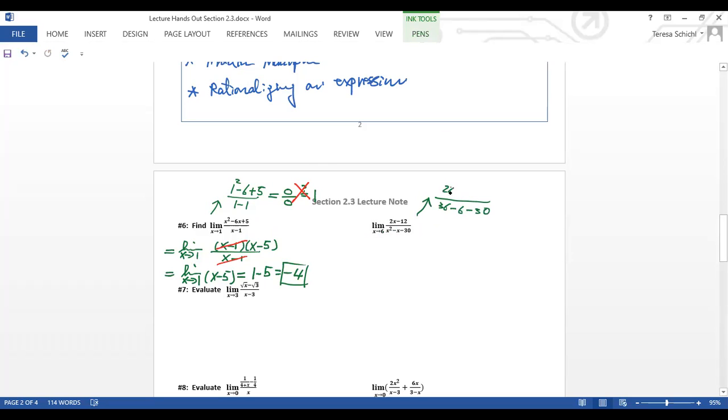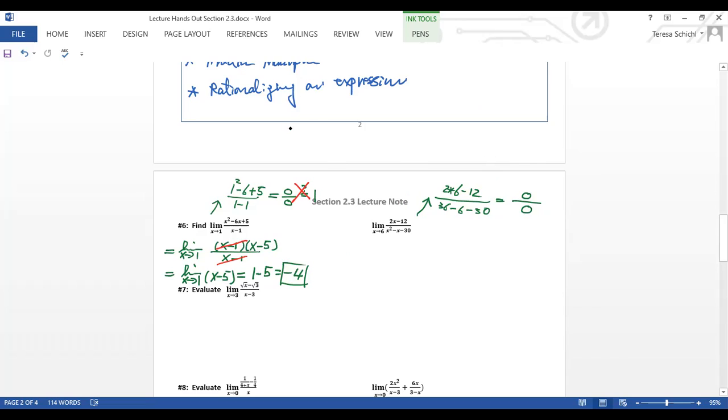Then this is 2 times 6 minus 12. Oh boy, what do I have here? 12 minus 12 is 0. 36 minus 6 minus 30 is 0. Whoa, I have this 0 over 0 again. So I have trouble with 0 again.